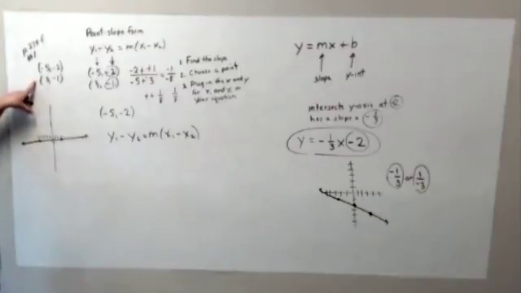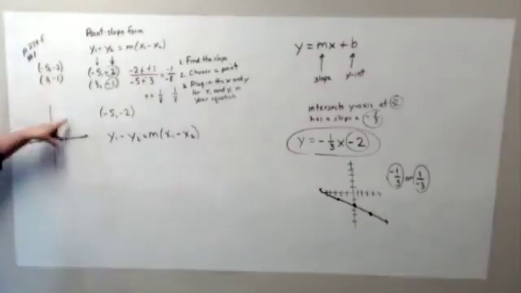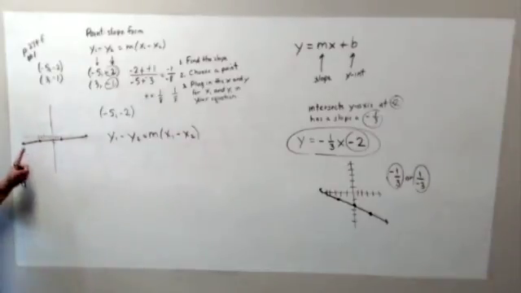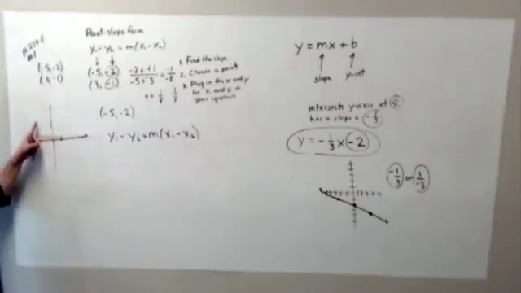I showed you the question. This is the question. I just want you to have in your mind that this is what they're asking for, an equation of this line. You don't have to do this. This is just for you to understand what they're asking for. This is not part of working out the problem. I just want you to visualize it.